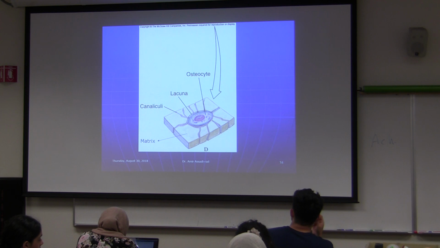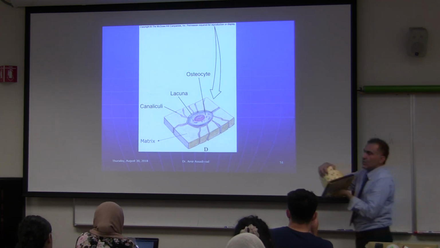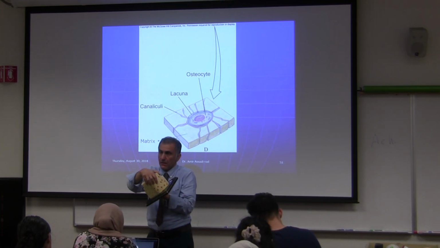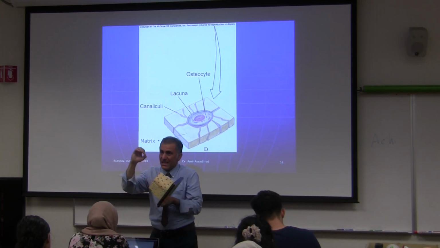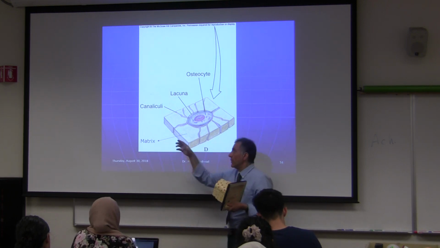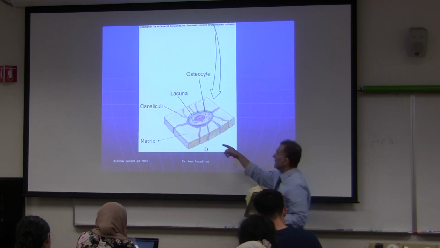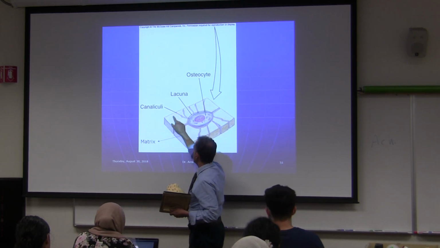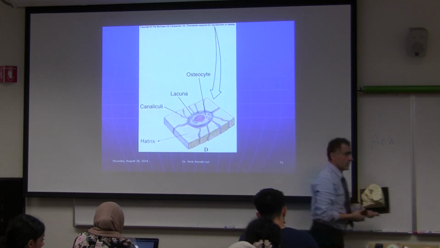On the model, maybe yes: the orange is lacuna, and the blue is the osteocyte. There is an empty space outside of the bone cells, and that's called lacuna. Canaliculi connect osteocytes to osteocytes.